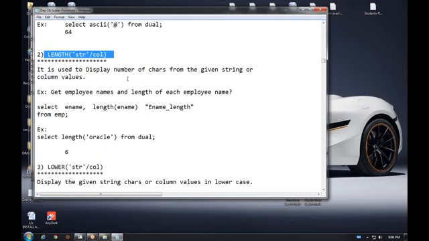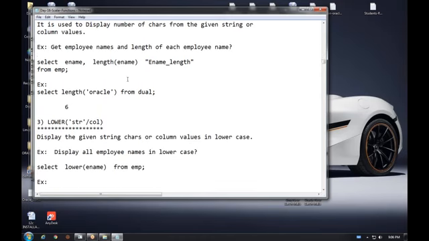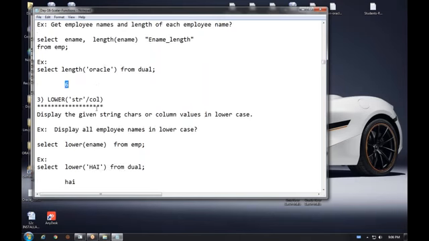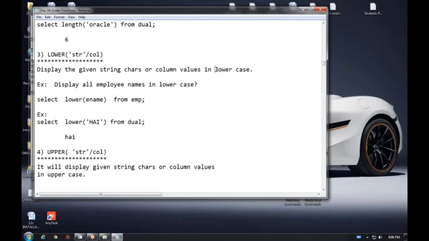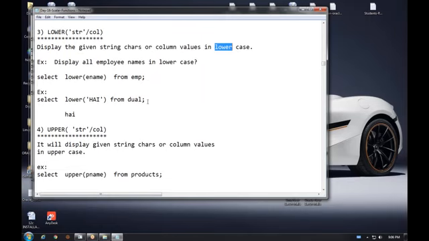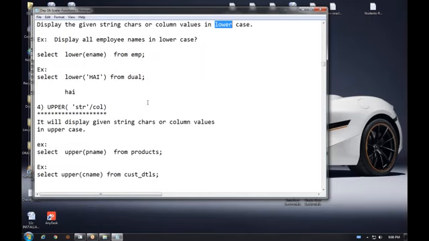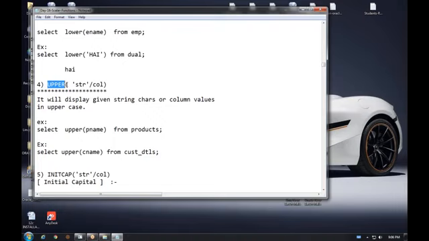So it is finding the number of characters from the given value. Suppose select length of Oracle. What is the length? 6. Next, lower. Lower will convert the characters into lowercase. Next, upper. It will convert the given characters into uppercase.